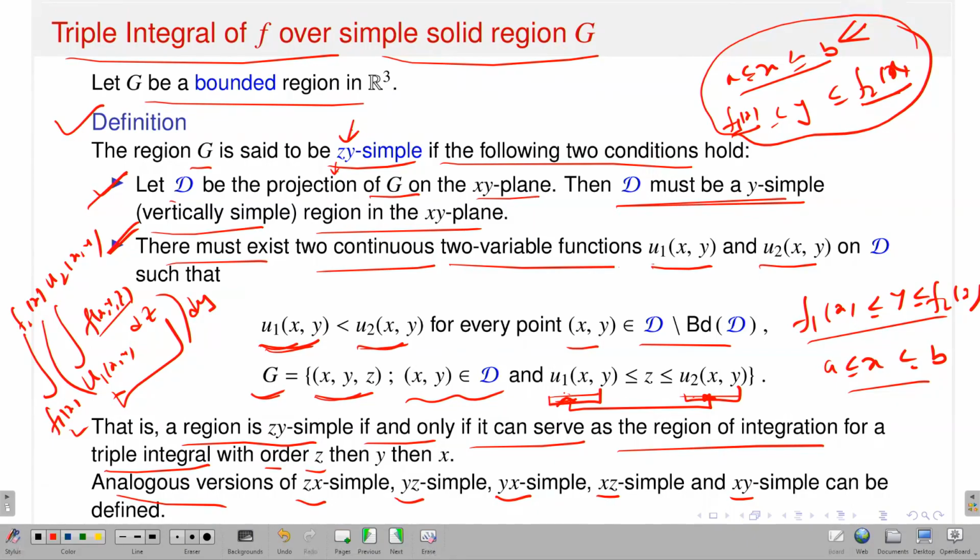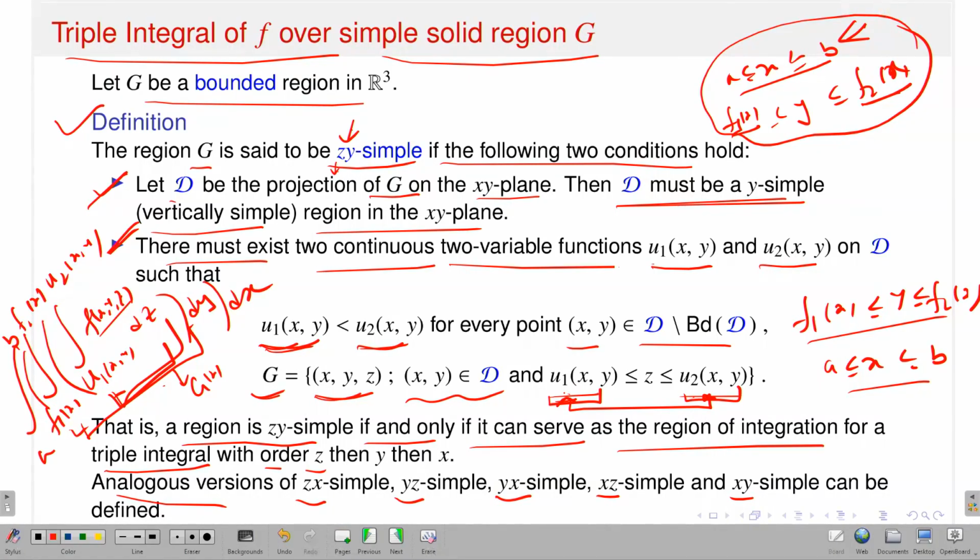If I perform the integration with respect to y, this will give you a function of x, and at the end you have to perform the integration from a to b dx.